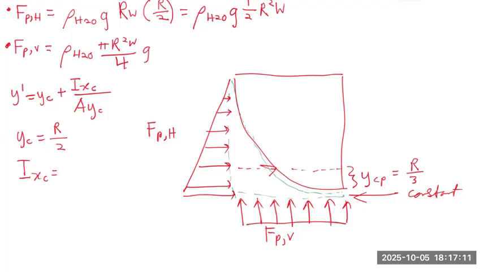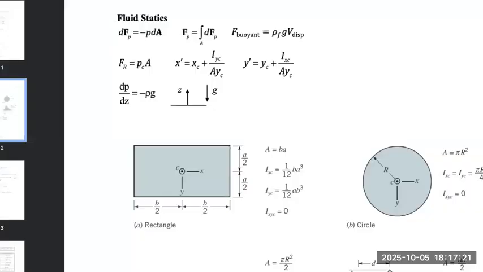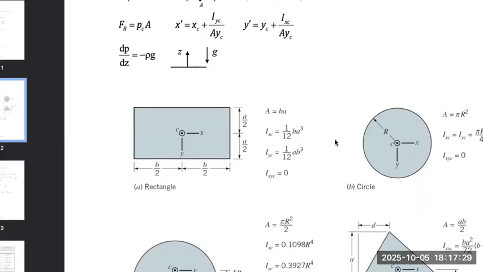Yes, so we'll go to our table of values. As you see over here, we have a few area moment of inertias, and we want the second moment of area about the horizontal axis through the centroid.